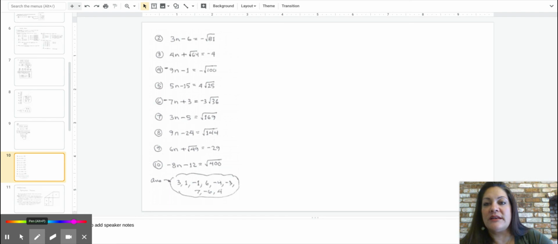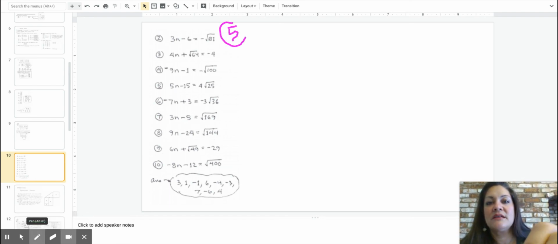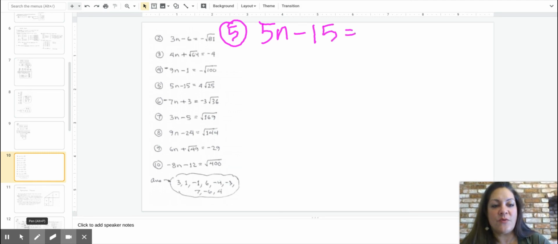All right, we are now on number 5. 5n minus 15 equals 4 times square root of 25.